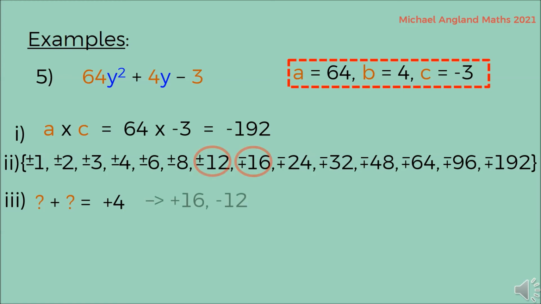Well, that's 16 and minus 12. So step 4, rewrite the quadratic using that pair, 64y squared minus 12y plus 16y minus 3.